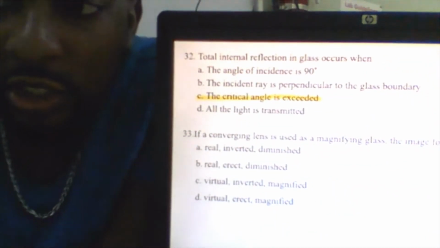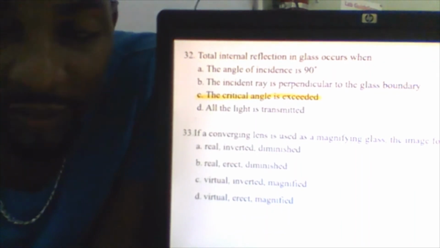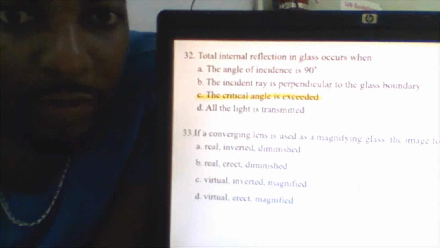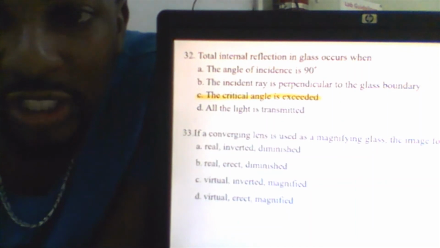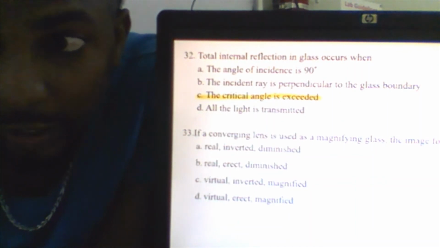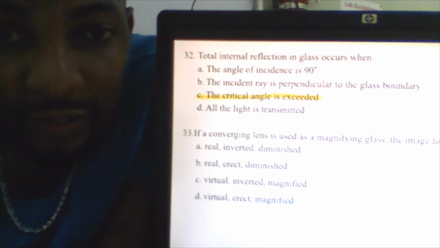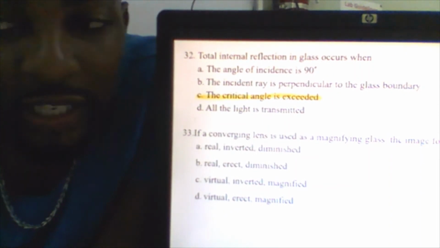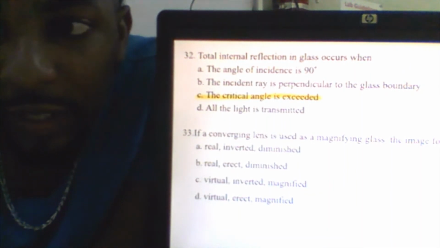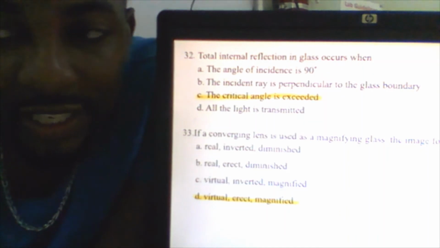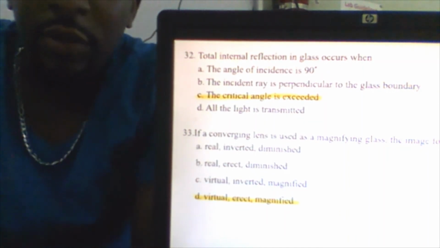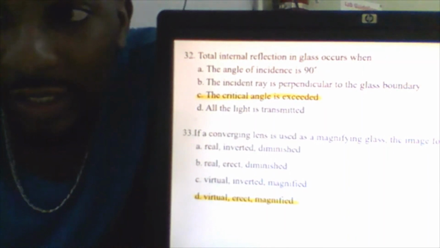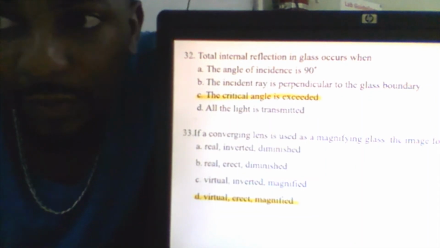All right, when you're using a magnifying lens, it is making a virtual image, and the image is actually magnified, right? And because that image is magnified, it means that also we see it upright as it normally is behind the lens. So it means that the most appropriate answer there is D, that the image is virtual, erect, and magnified. So that's the answer for that question.